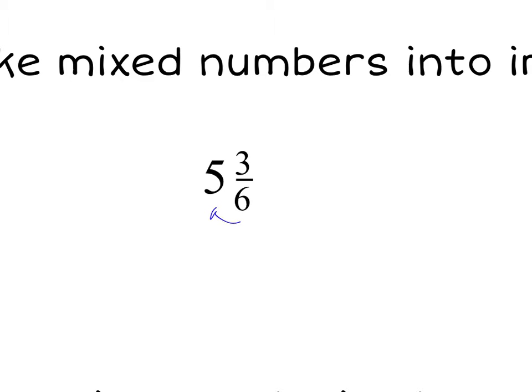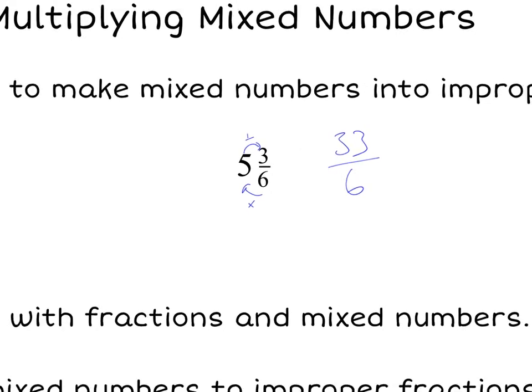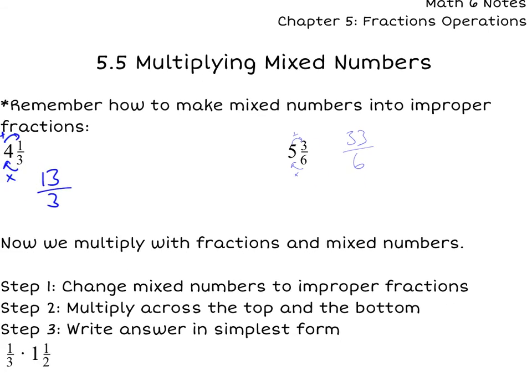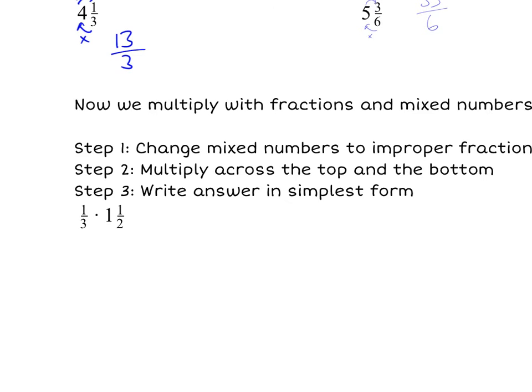Yeah, so 6 times 5 is 30. Add the 3, you get 33 over 6. Okay. So that's making a mixed number into an improper fraction. You will need to do that today and for this section.